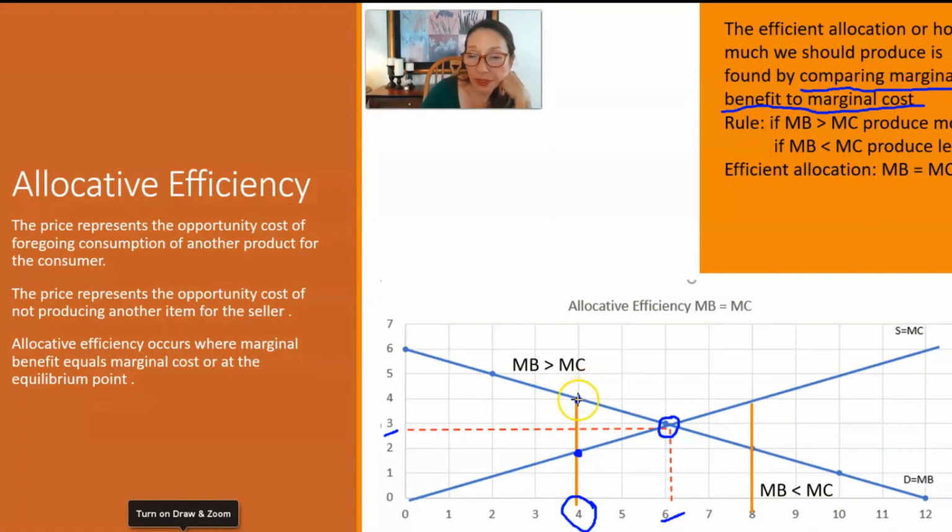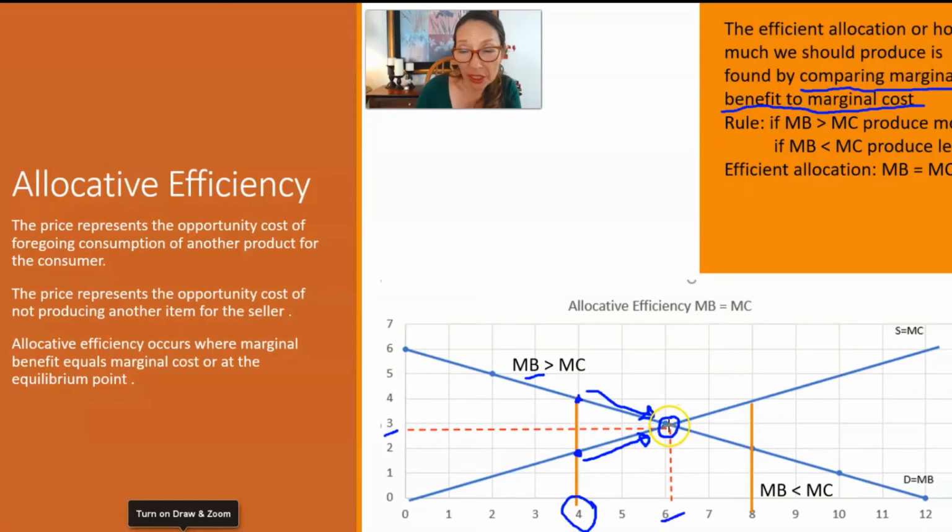We need to be producing more because we're still getting benefit from this. We need to be consuming more ice cream. So we need to consume more, and that's going to push us more towards our equilibrium. And a producer needs to produce more.